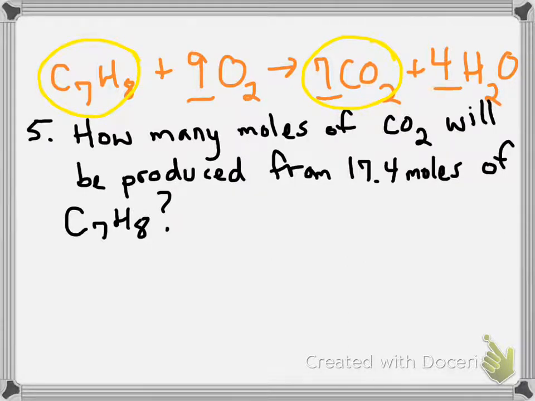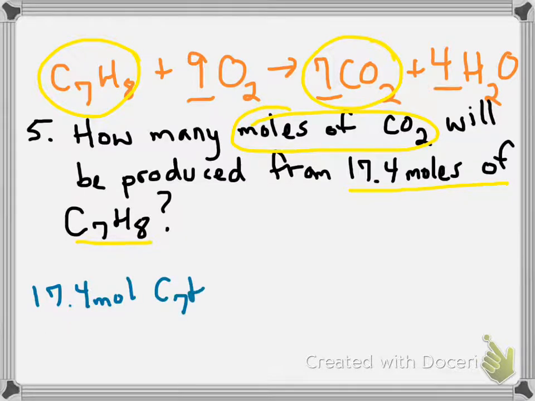So I want to know how many moles of carbon dioxide, so that's my unknown, will be produced from 17.4 moles of C7H8. So that's my given. So what I'm going to do is start with my 17.4 moles of C7H8. Now I need to convert from C7H8 to carbon dioxide.